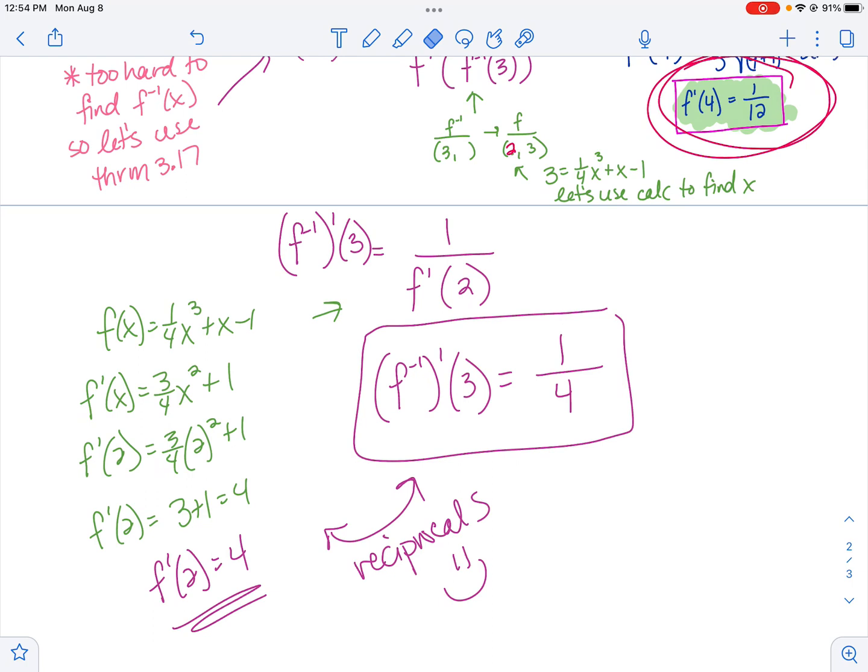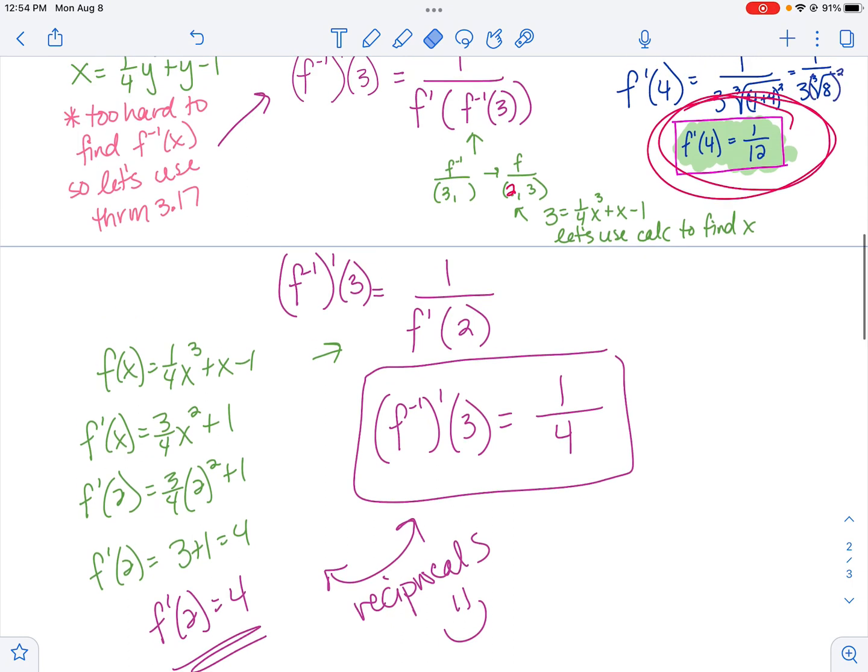I can find the inverse's derivative at x if I can find the original's derivative at its x, which is the y of the inverse, and then reciprocate it, right? Even without knowing the inverse's function. If it's too complicated to find it by hand, I can still find the value by using Theorem 3.17. Practice that. It'll get a lot easier, a lot less confusing the more you practice.